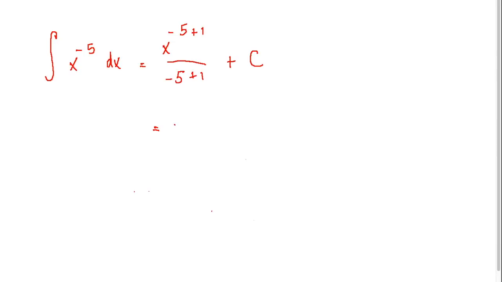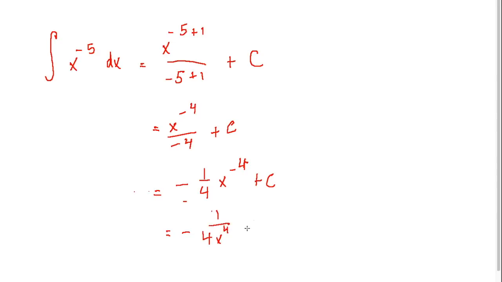Simplify this to x to the negative 4 over negative 4 plus c, and this would be your antiderivative. If you want to simplify this even further, you can. You'd change this to negative 1/4 x to the negative 4 plus c, which simplifies more to negative 1 over 4 x to the 4th plus c. However, I went ahead and checked, and Khan Academy will accept this. This is just more simplification in case you needed to.